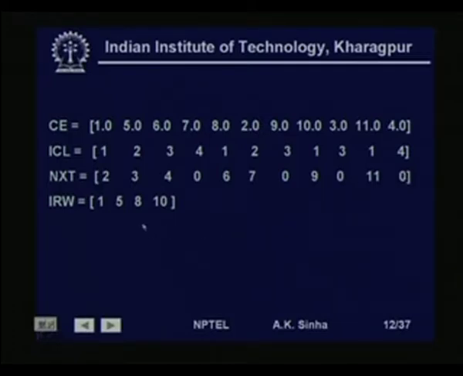Now one question comes, why do we use this array next?